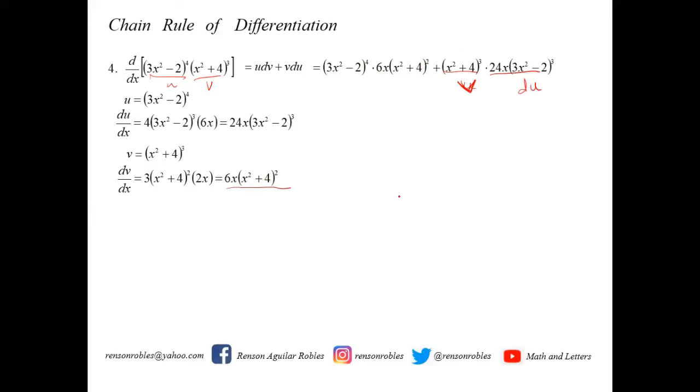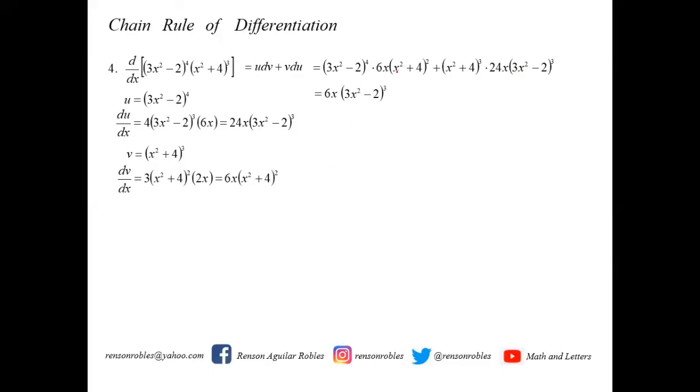Okay, and then when you simplify that, we shall now have 6x. That's the common monomial factor between 6x and 24x, so that's 6x. And then we shall have 3x squared minus 2 to the 4th power and 3x squared minus 2 to the 3rd power. Common monomial factor is 3x squared minus 2 to the 3rd power.